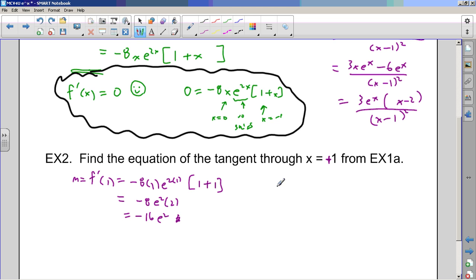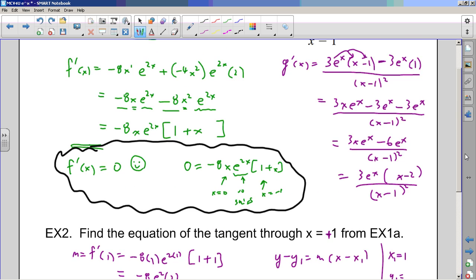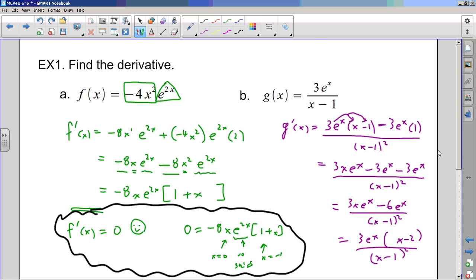But then what? Well, let's use our tangent formula there. This is point slope. But I've got x1 equals 1. What's y1? Well, y1 we actually need to calculate. I'd have to put this in the original equation up here.